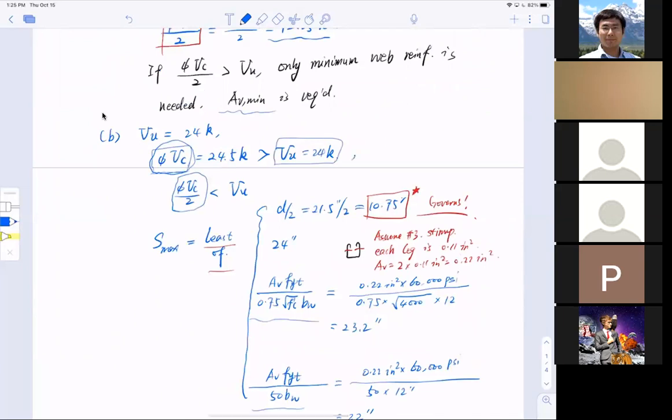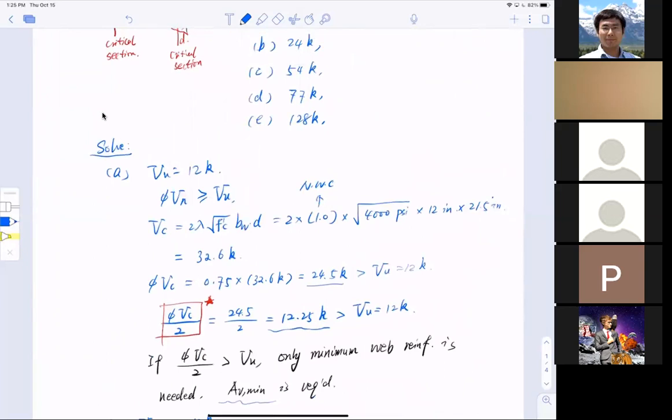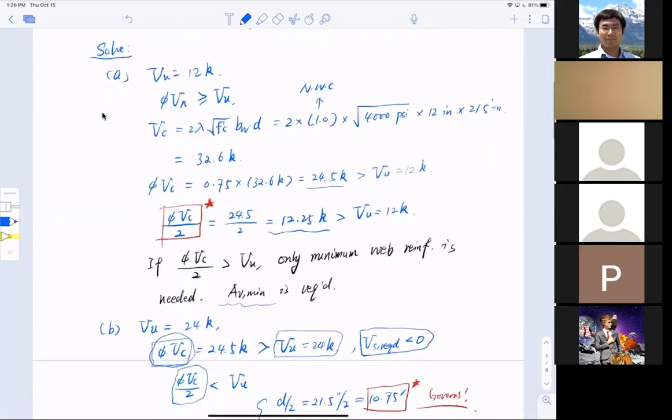So in this case, VS required would be negative, isn't it? Oh, okay, so you use that equation when it's bigger. Right. In the very first one, even half of the concrete contribution is bigger than the applied shear. So we just need to provide any stirrups, something that will work, the minimum requirement.